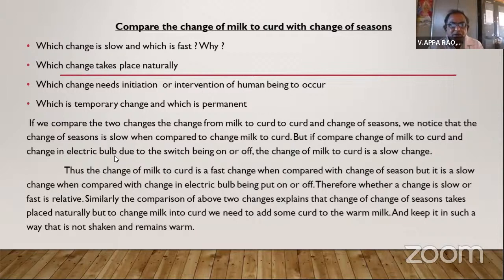Thus, the change of milk to curd is a fast change when compared with the change of season, but it is a slow change when compared with the electric bulb being put on or off. Therefore, whether a change is slow or fast is relative.